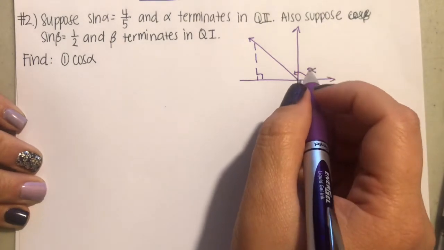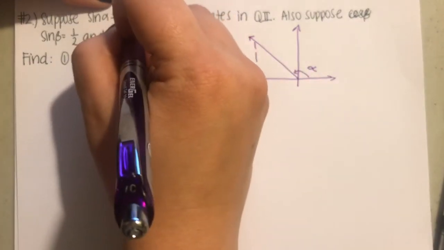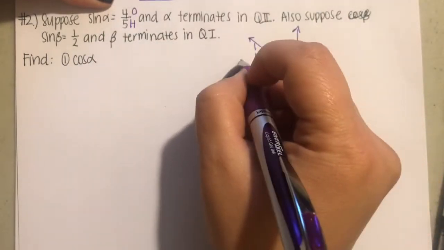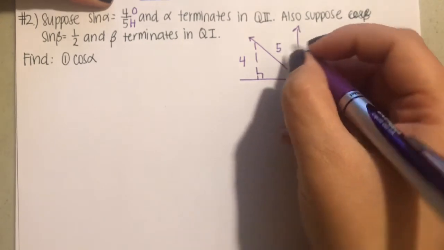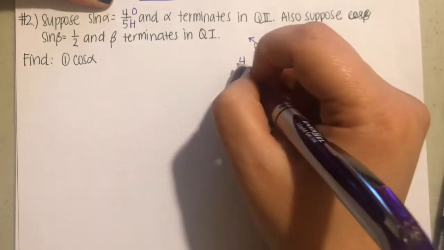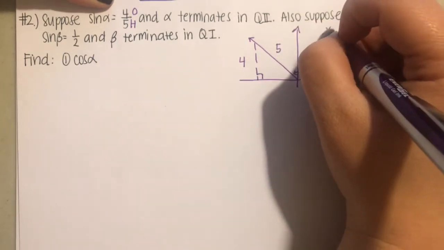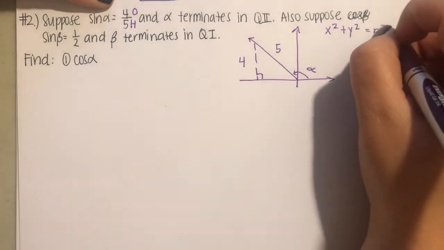So if sine alpha is 4 over 5, remember that's opposite over hypotenuse. So opposite would be here, hypotenuse would be here. And to find this other value, remember this would be our x value, x, y, and r. x squared plus y squared is r squared.